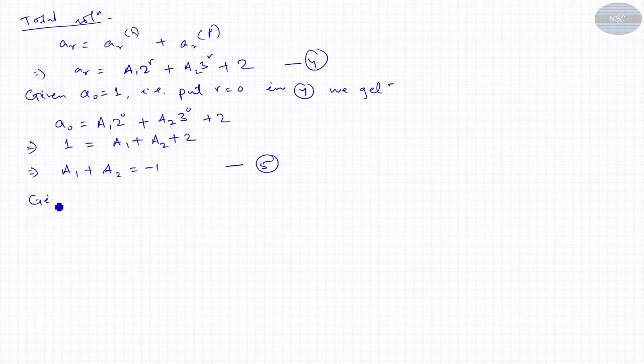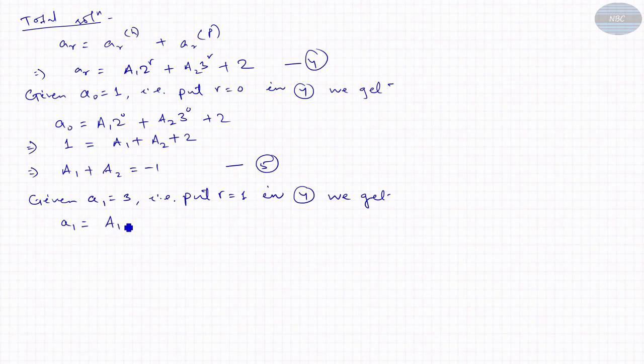Again we have given a1 is equal to 3, that is, put r is equal to 1 in 4, we get a1 is equal to a1 into 2 to the power 1 plus a2 into 3 to the power 1 plus 2, which implies a1 is equal to 3.